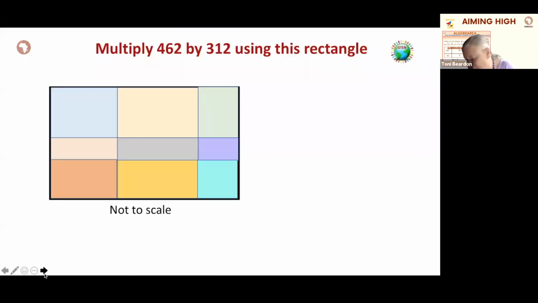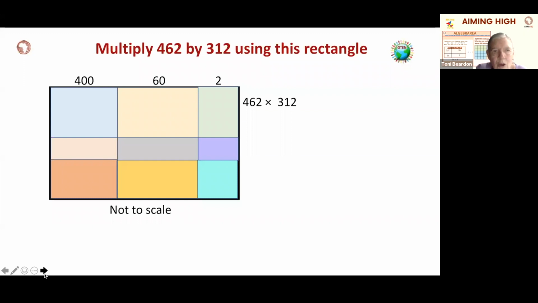What we would like you to think about and try and do is to work out here what 462 by 312 is using this rectangle. How would you use this rectangle?